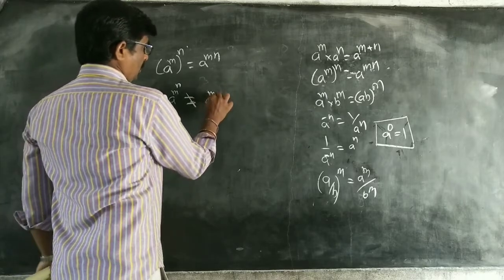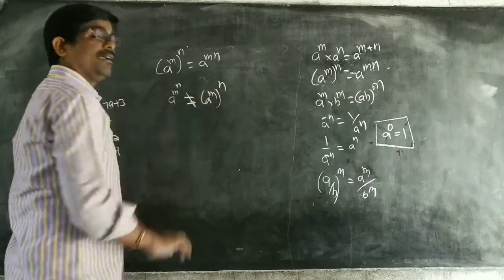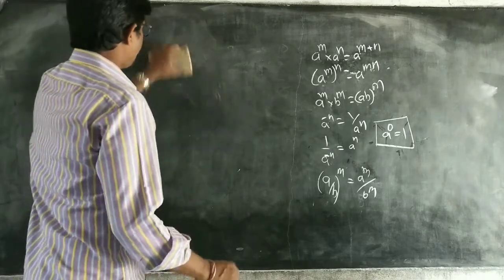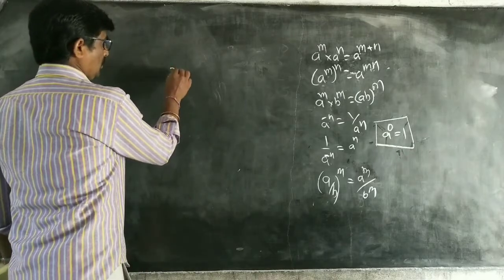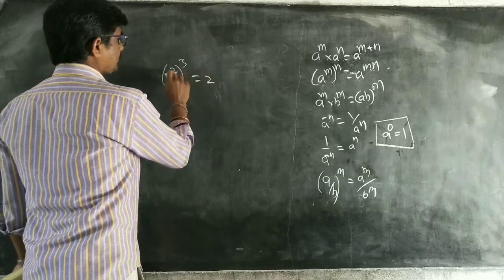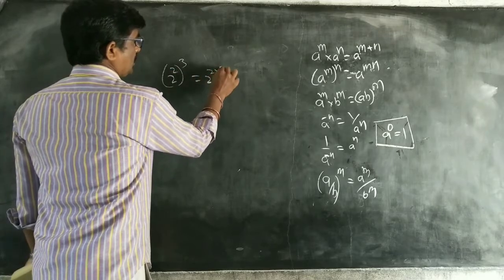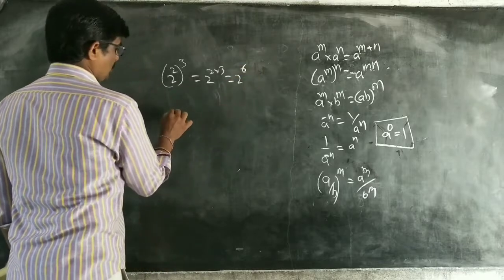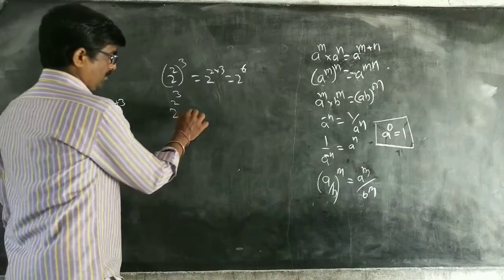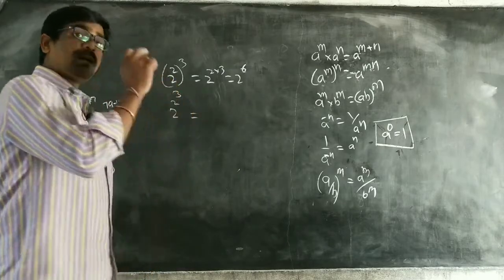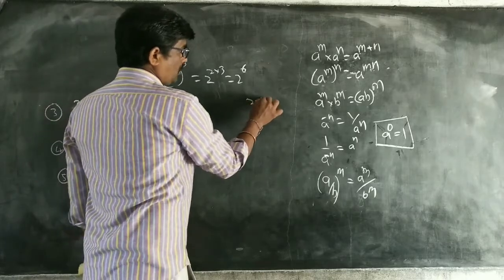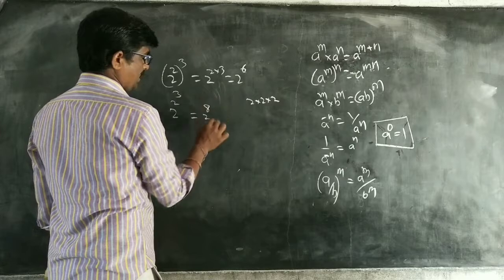For example, (2^2)^3 is equal to 2^(2×3), that is 2^6. But 2^(2^3) means 2^3 is multiplied 2 times, 2 into 2 into 2, that is 2^8.